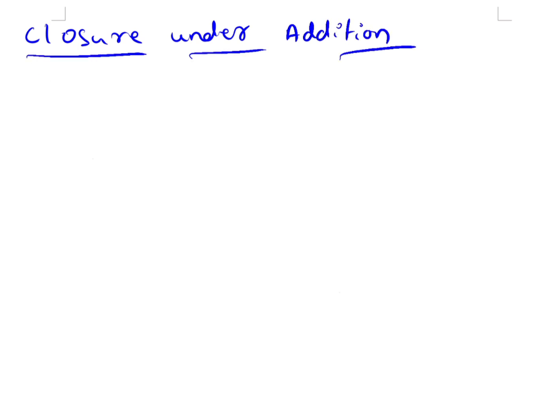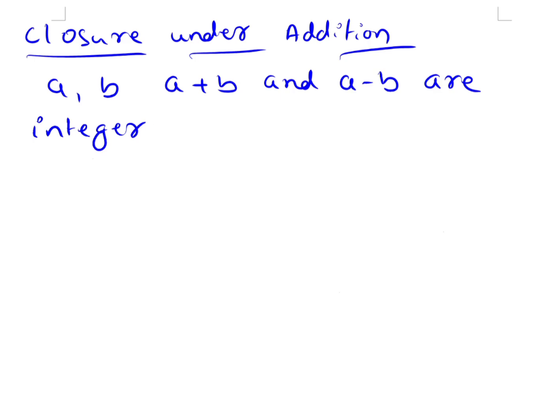Closure under addition: this property says that for every integer a and b, a plus b and a minus b are integers.